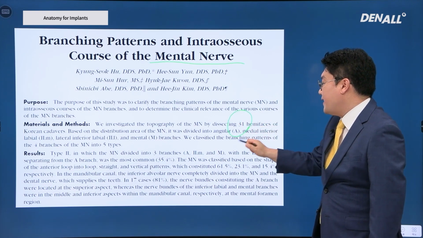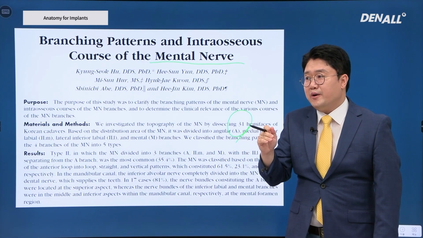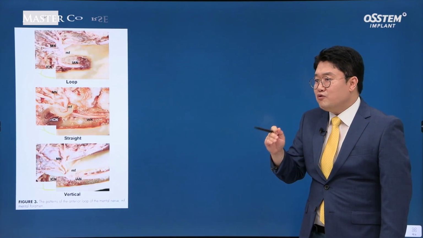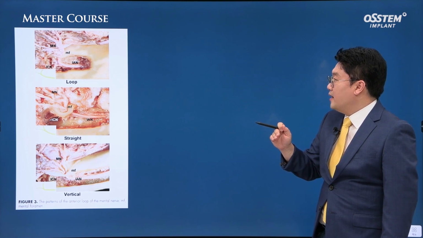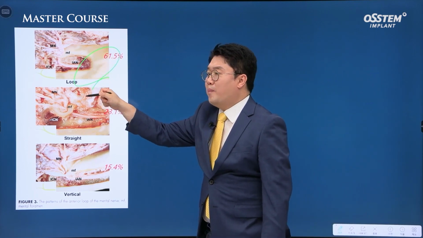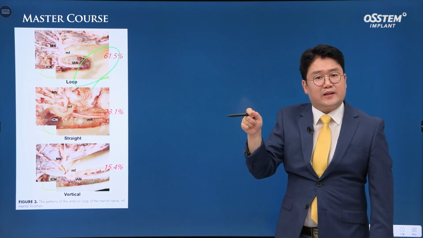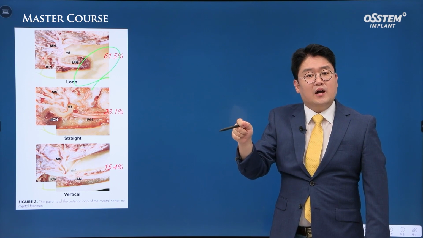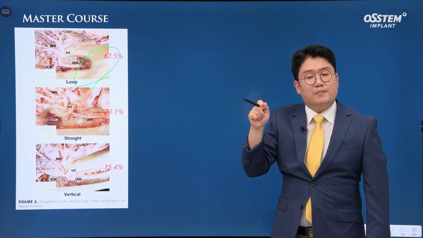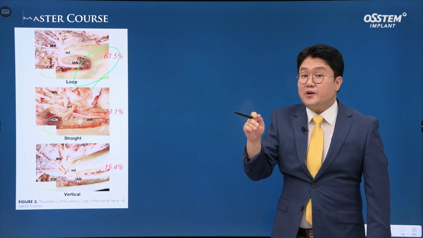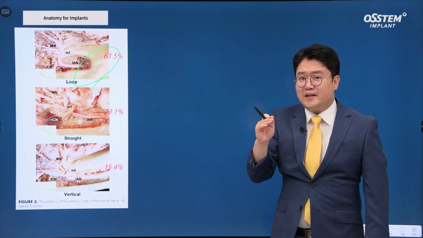If you look at this study, about 31 cadavers were dissected. If you look at the results, in 61.5% of the time, for Koreans, there was the loop. For Koreans, the loop existed 61.5% of the time. So you can see that there is a difference from the data of Westerners.